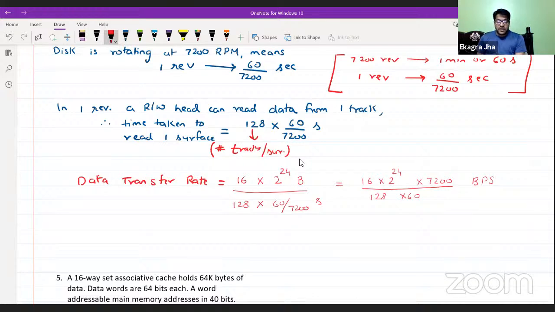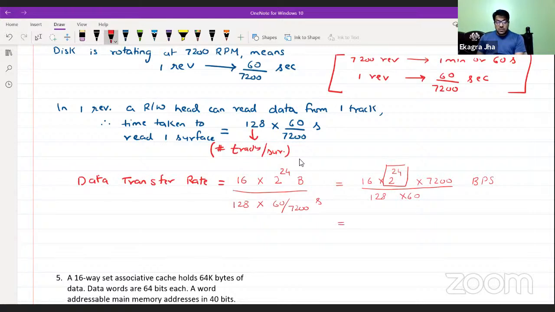Now we need to find the data in megabytes per second, so we can convert to mega here. In megabytes we can have 2 to the power 20. So remove this 2 to the power 20, and 2 to the power 4 is the remaining, and we can have the unit in mbps.